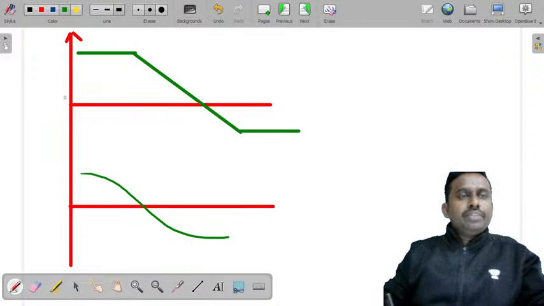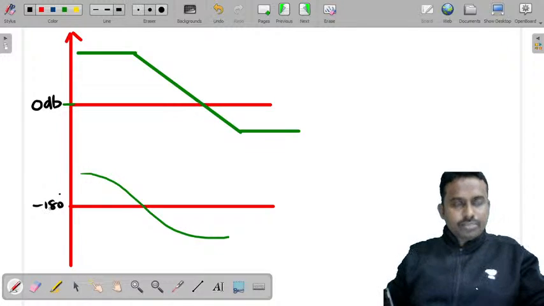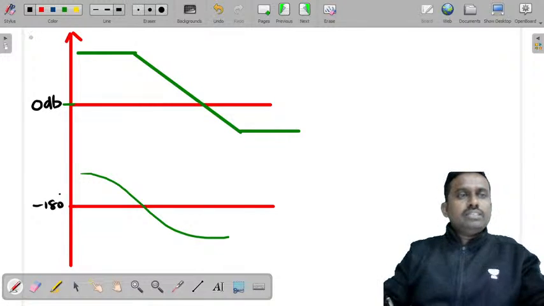This line taken as reference is a 0 dB line, and this line is, let us say, minus 180 degrees. You have plotted magnitude of GH versus log frequency, and this is phase angle versus frequency.